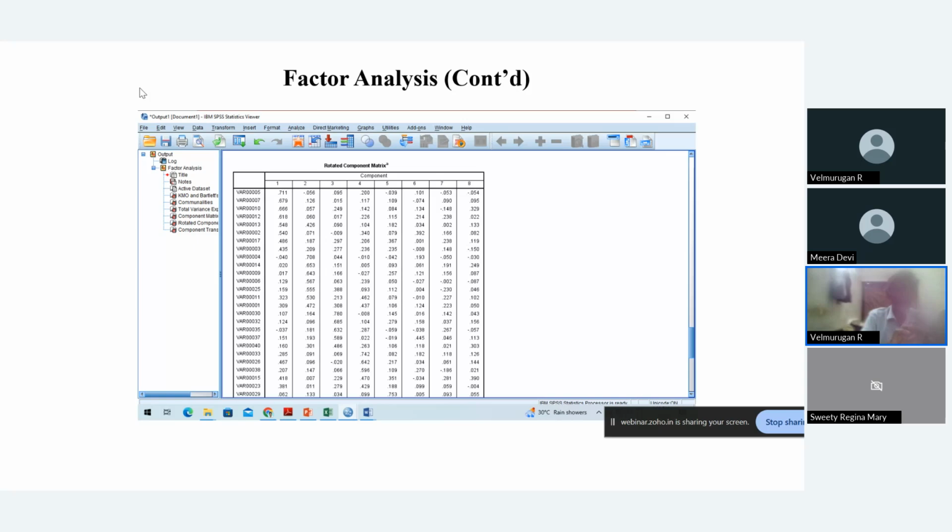What is a mediating variable? A mediating variable explains how one variable affects another variable.